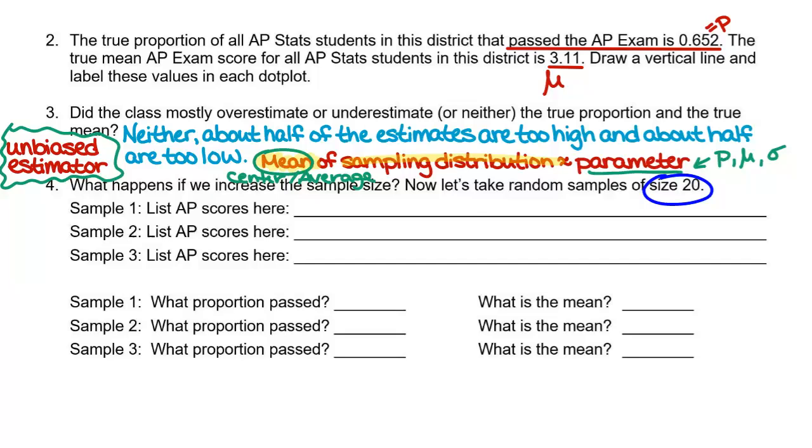And we'll find person 16. They got a 4. That's going to be the first number that you write down on this line right here. And then you're going to go find person number 105, and you're going to write down their score. Person number 87, person 201, and scroll over.